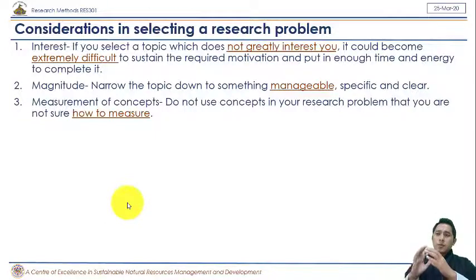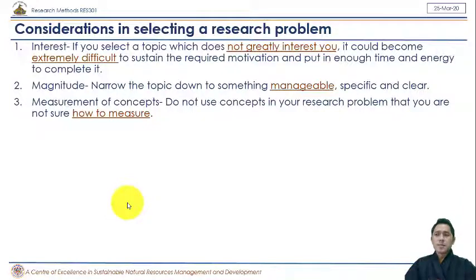So in the research problem, it's very important for you to write that you are going to measure the diversity of lichen in that specific manner, in that specific area with that specific technique. It's very important to clearly mention whatever you're going to measure from the starting.